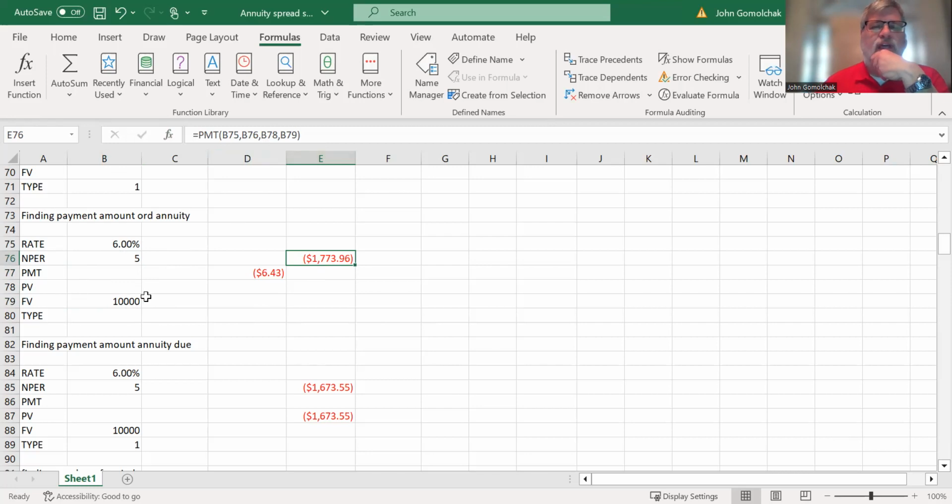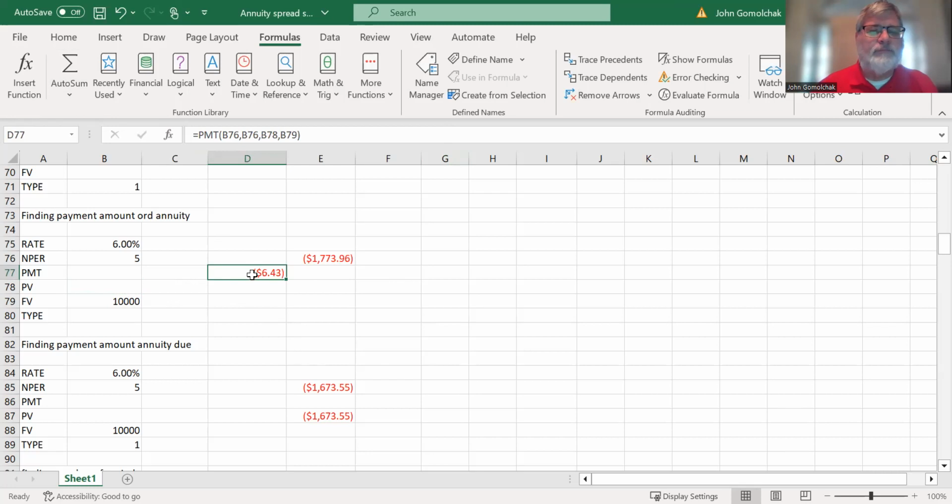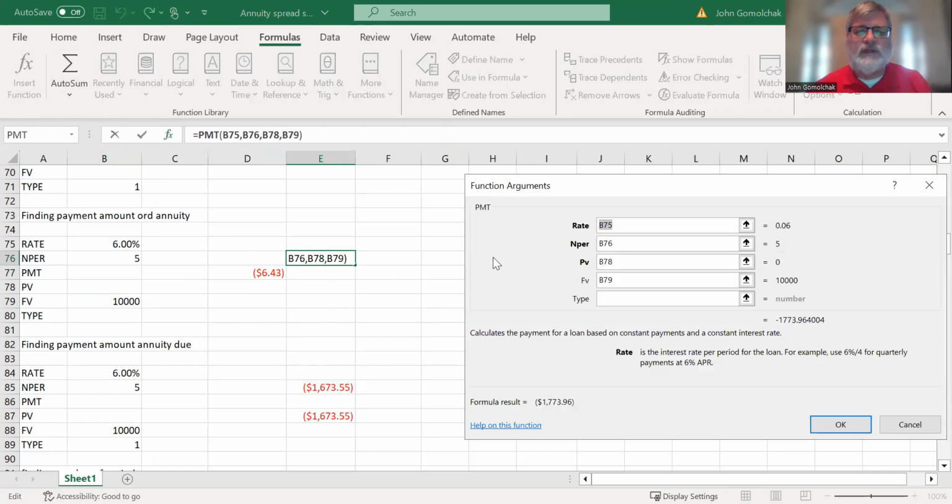B79 is the future value, so that should have worked. Okay, I guess I have to put the present value in there as this. Make that work? Nope. The correct one is payment. 75, 76, 78, and 79. So it should have worked.